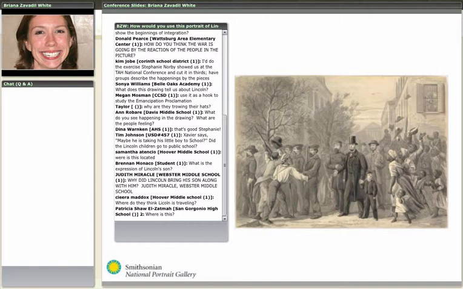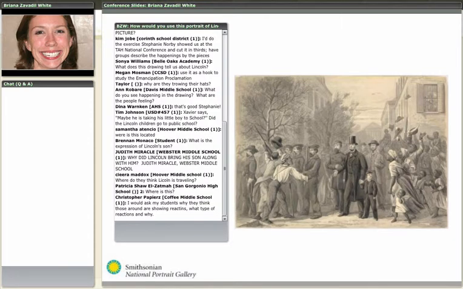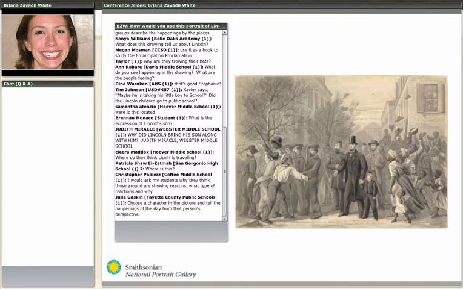Okay, and Samantha asks, where is this located? This is Richmond, Virginia. This is April 4th, 1865. If you can see it, I think that some of the springboards that you can use are, again, you have Lincoln, you have his son Tad.